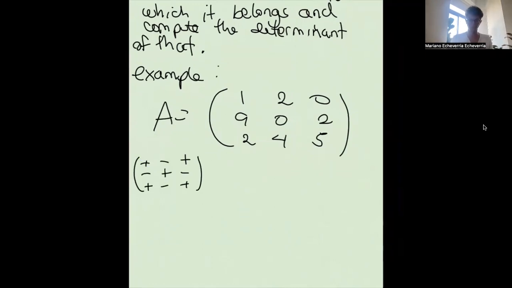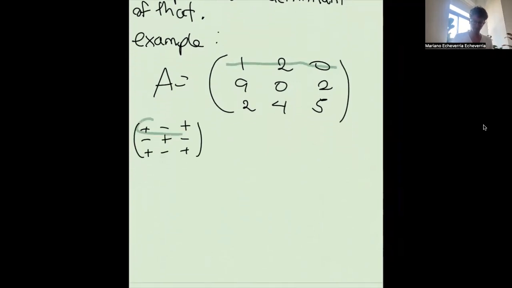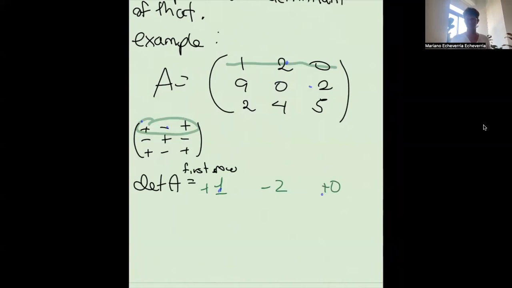If I wanted to use the first row to find the determinant, I focus on this. So the determinant along the first row is plus 1, minus 2, plus 0.